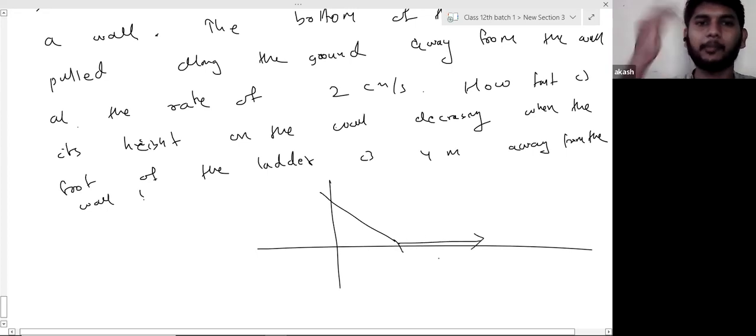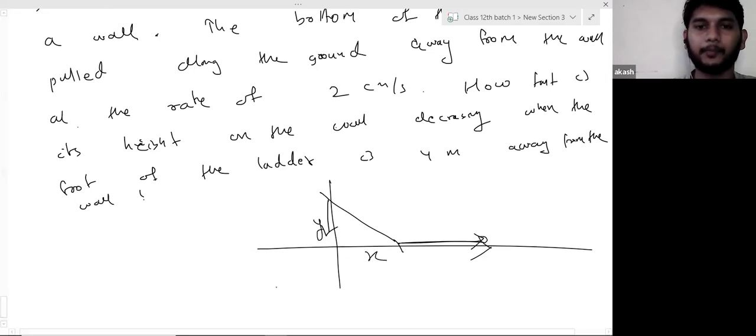Suppose that is sliding, so this will move to this side, and this is falling to this side. Suppose this is x and this is y at any moment. At any moment, this distance is x, this distance is y.